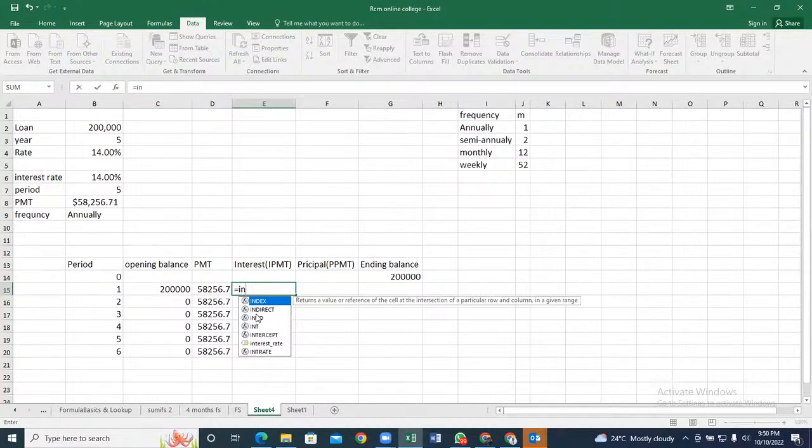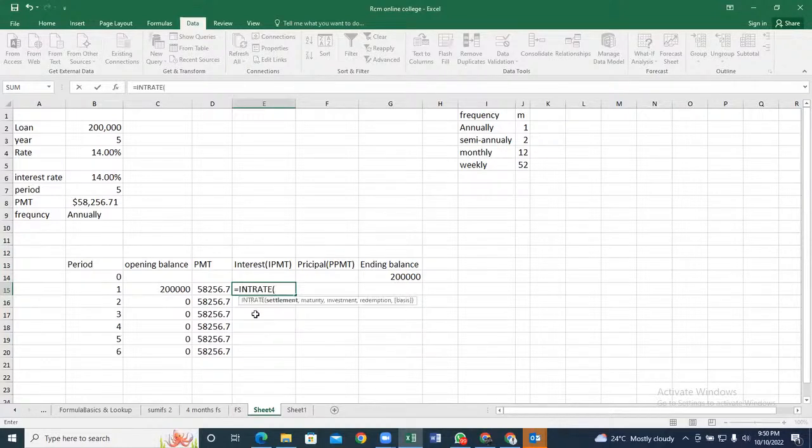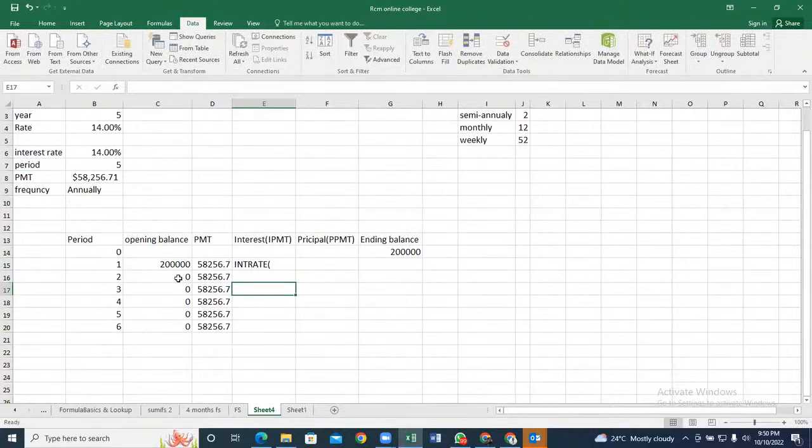As you can see on my screen, for the last value, the opening balance, I'm not getting the zeros. Yeah, because you've not autofilled your formula to the last point. That is what we need to have here.